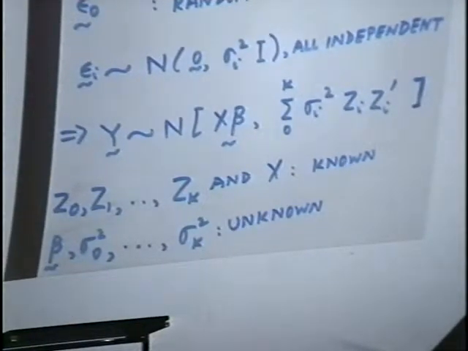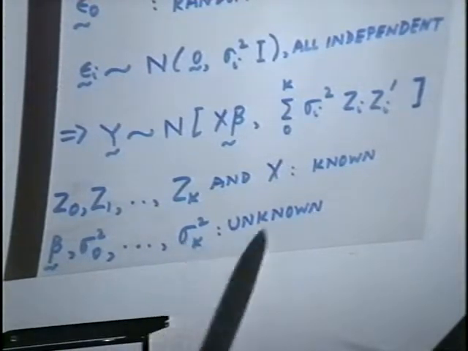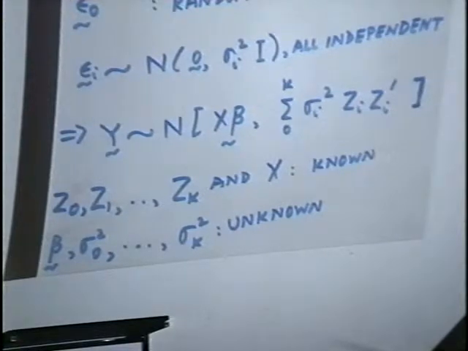where the Z i's and X are the known design matrices, and beta is the fixed vector of regression coefficients, and the sigma i squares are the unknown variance components.